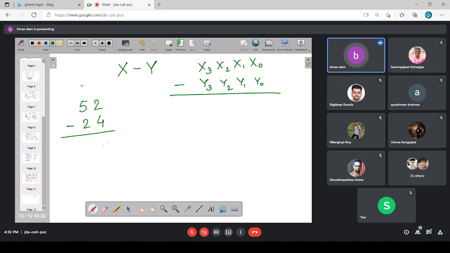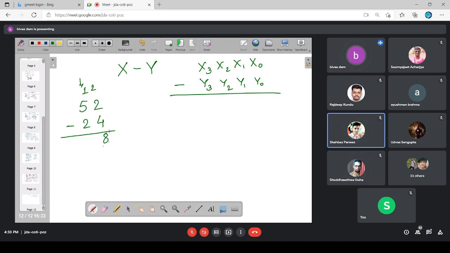So next higher stage is this stage. From this stage, if I take a borrow 1, so instead of 2, now what I have? 1, 2. So in decimal 1, 2 is nothing but 12. So now as if we are subtracting 4 from 12, what will be the subtraction result?